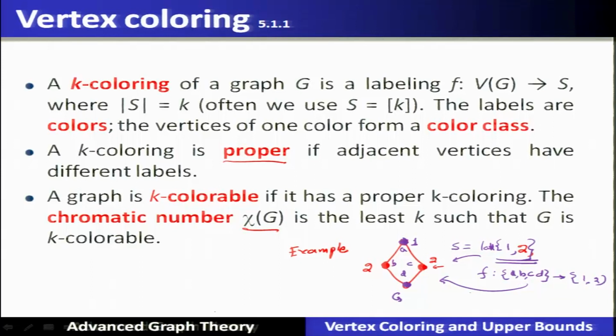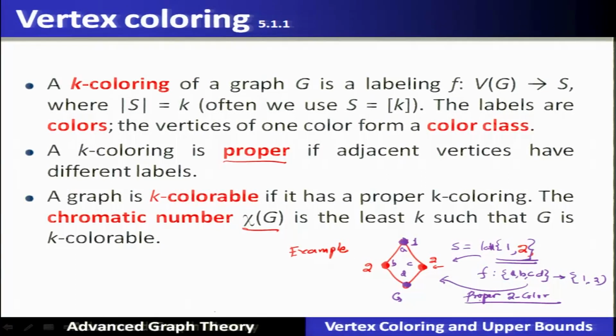So we have found a proper 2 labeling. Whether this labeling represents numbers, or these numbers are immaterial and do not have any significance, then we can call them a color.